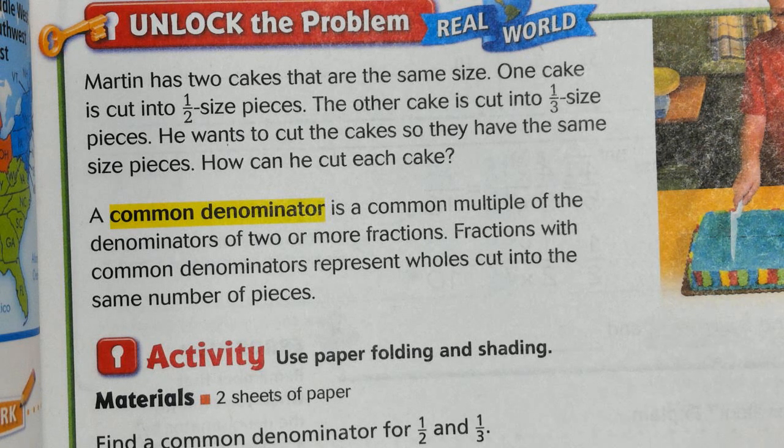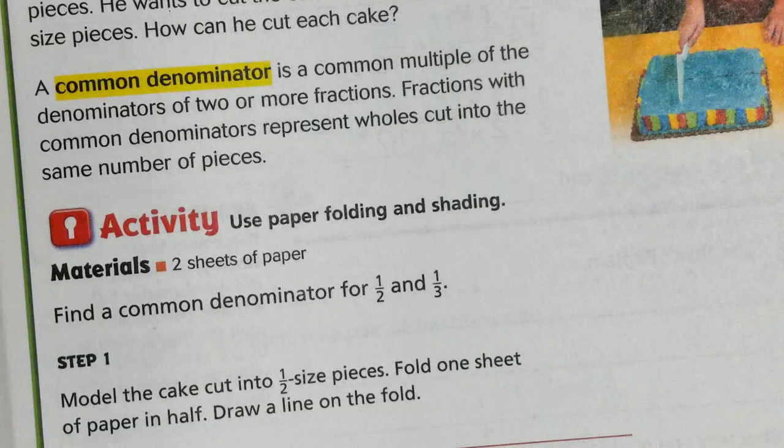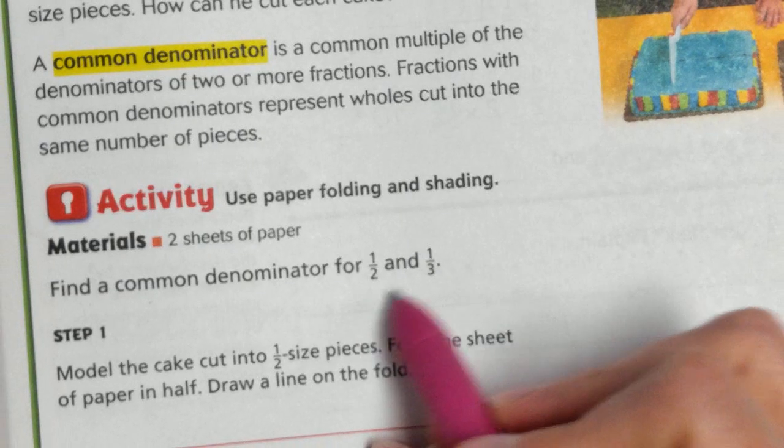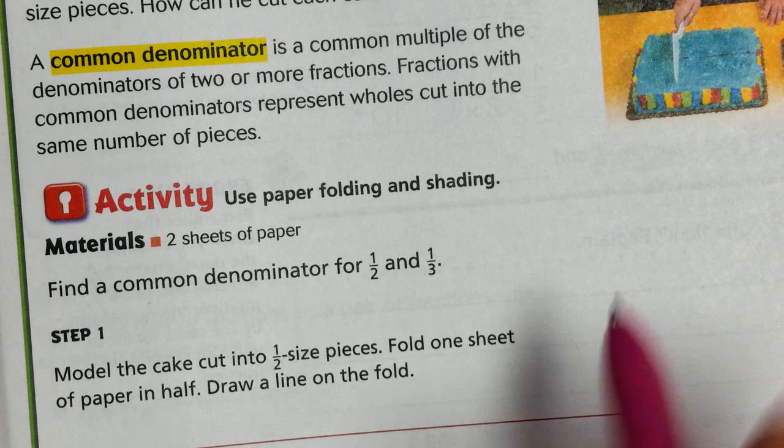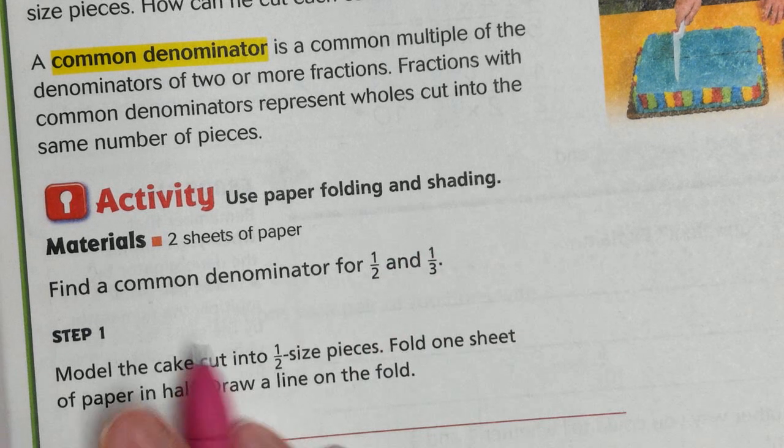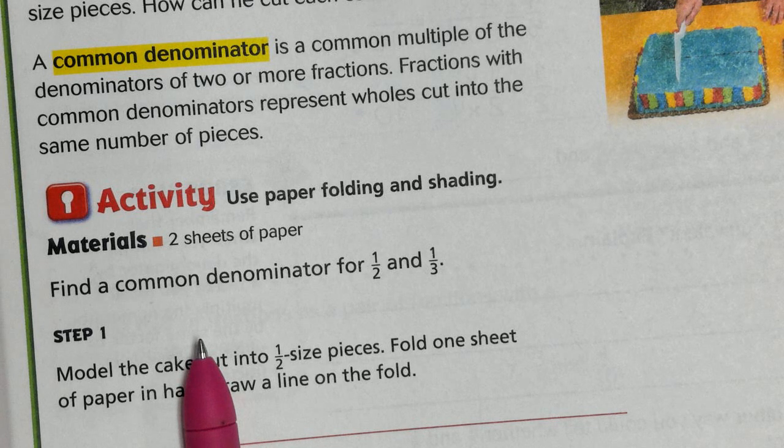He wants to cut the cakes so they have the same size pieces. How can he cut each cake? So I'm looking at 2 fractions, 1/2 and 1/3. He wants the denominators to be the same. Now I have to find equivalent fractions for each of these fractions where the denominator is the same.